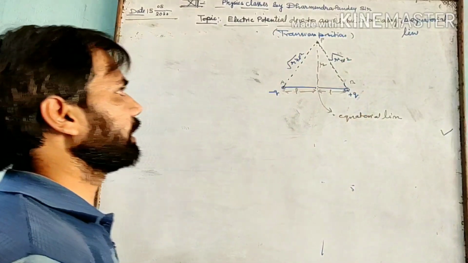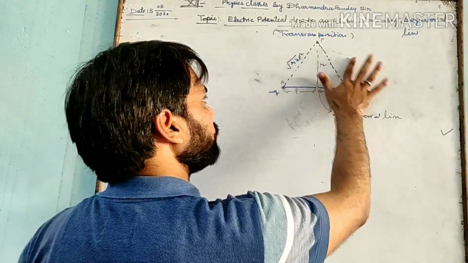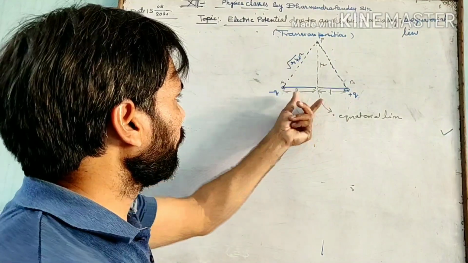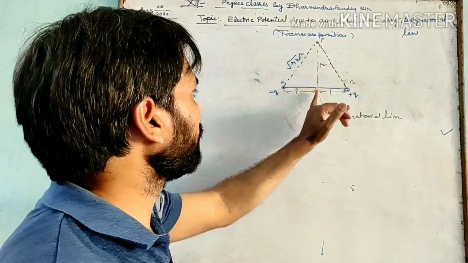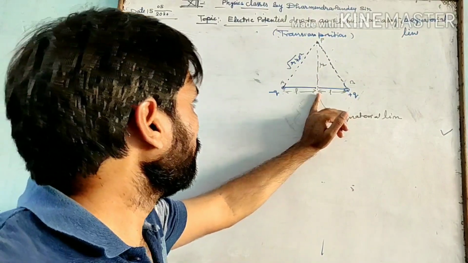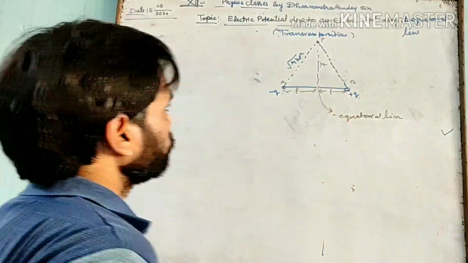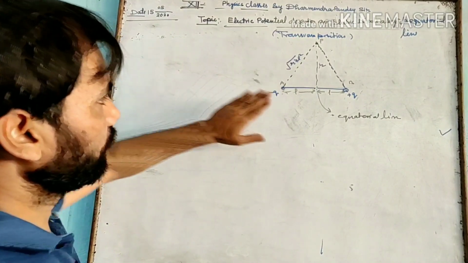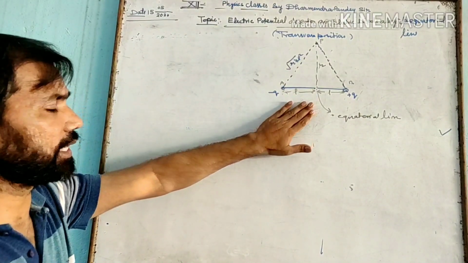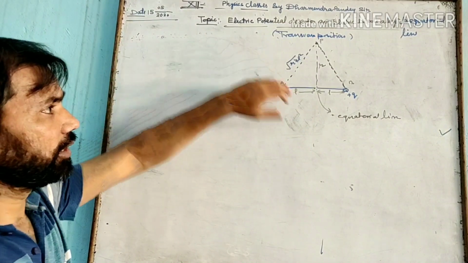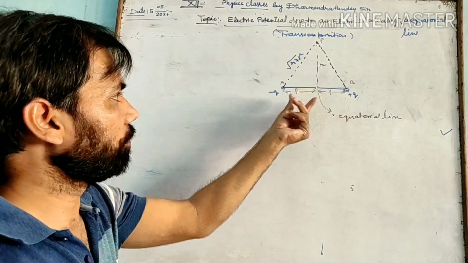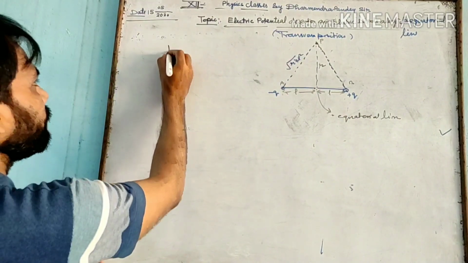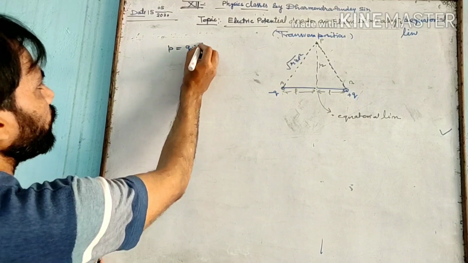So you can say that this is an isosceles triangle whose two sides are equal, and this is the perpendicular bisector of this axis. So let us assume AB, we have to write this as in the very beginning. Let us consider an electric dipole of dipole length 2L having electric dipole moment p equal to q into 2L.